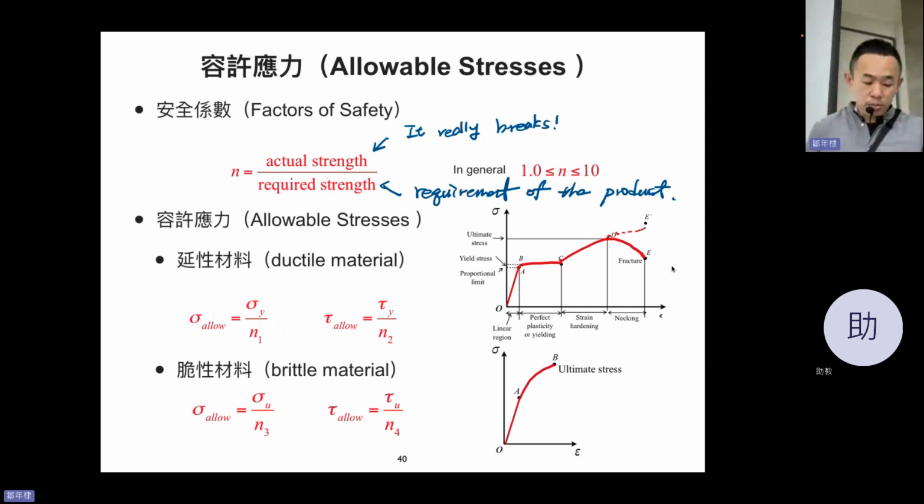For brittle material, we use the ultimate stress, but we are not talking about brittle material in this course. We typically talk about ductile material. Sigma allow and tau allow are values that the stress cannot exceed. If it exceeds that value, things will break.